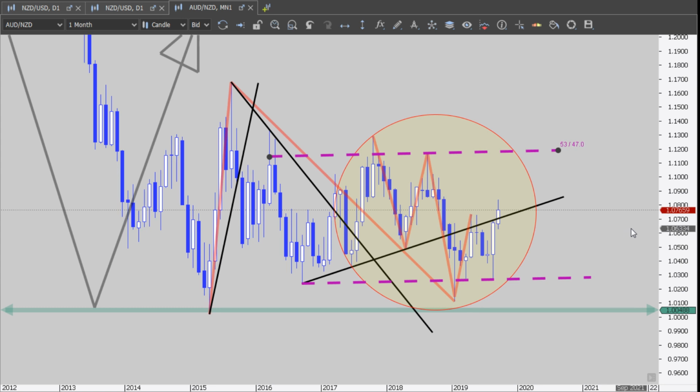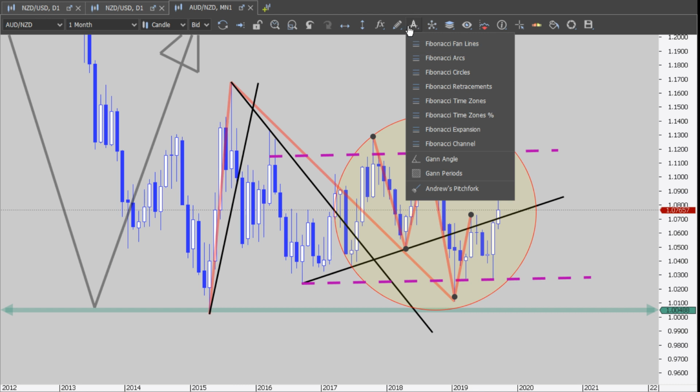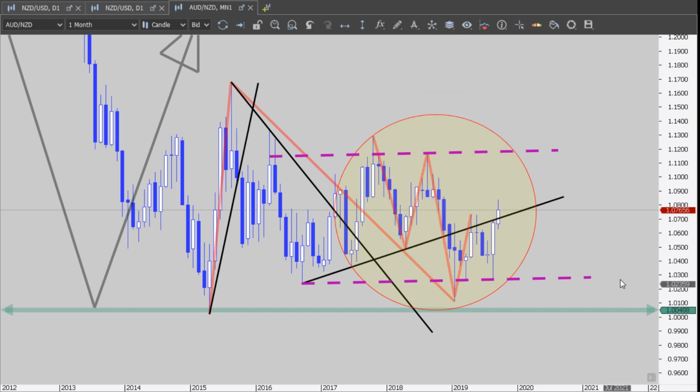Down structure, correct. So the question is, if we are in now on the monthly, right? The question is, for the beginner trader, if we are in an up structure on the monthly, but we are in a short-term downtrend, should we go short or should we go long?